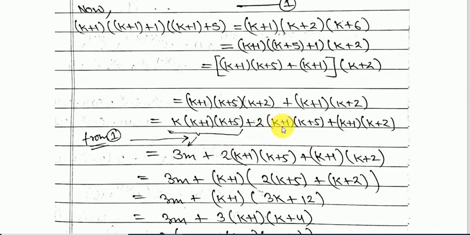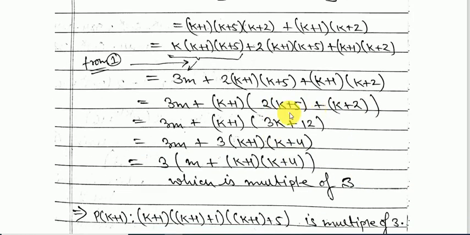Now here I have 2 times k plus 1, k plus 5 plus k plus 1 into k plus 2. You can see k plus 1 is common in these two. So 3m plus k plus 1 in bracket 2 times k plus 5 plus k plus 2. Inside the bracket, you open these brackets. So you get 3m plus k plus 1 in bracket 3k plus 12.